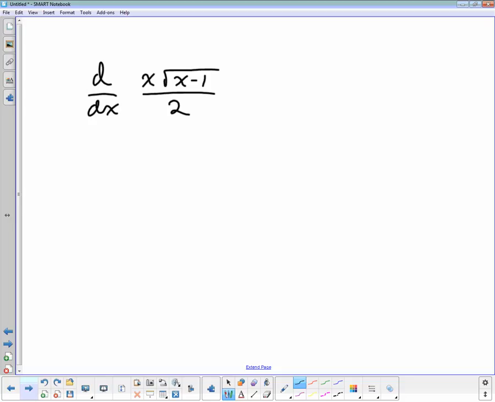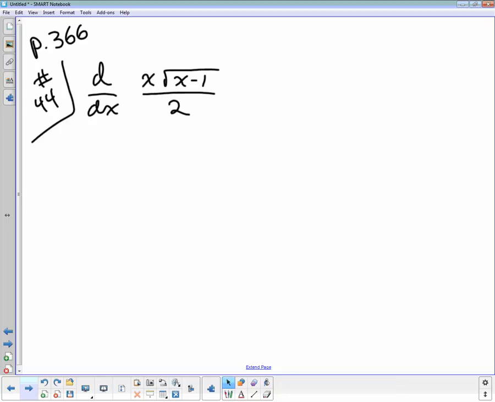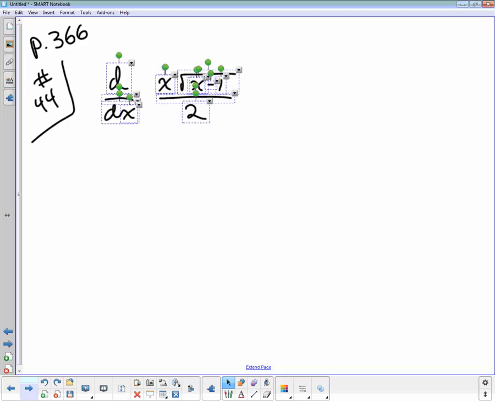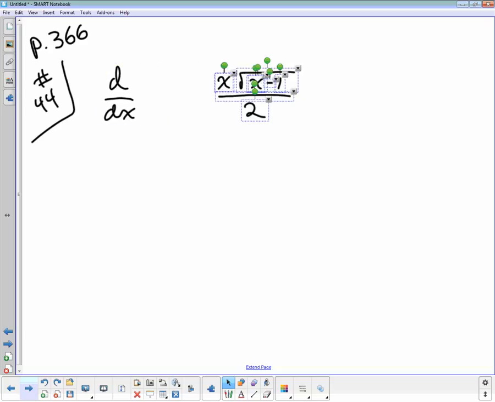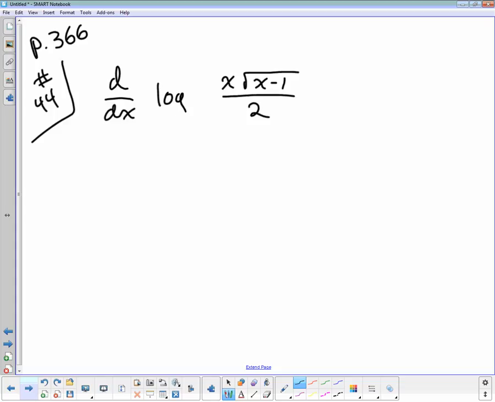All right, this is number 44 on page 366. Oh, I'm sorry, there was a log in front of it. Log base 3 of that whole thing.